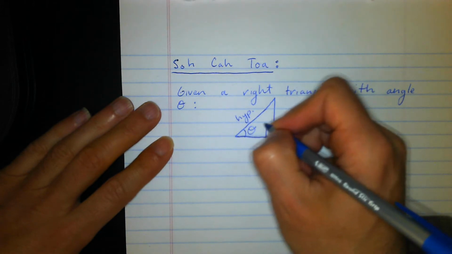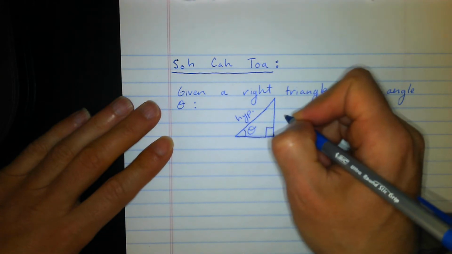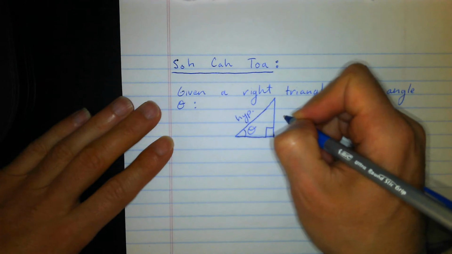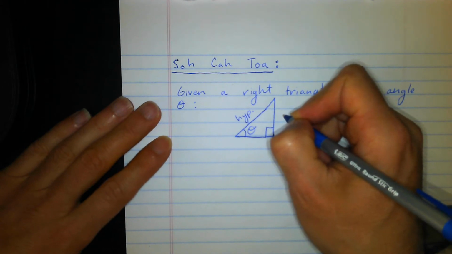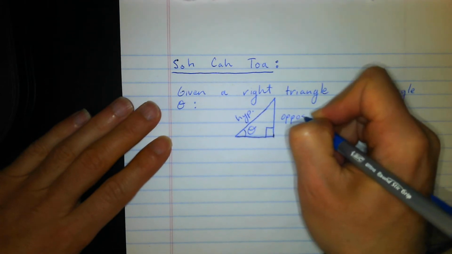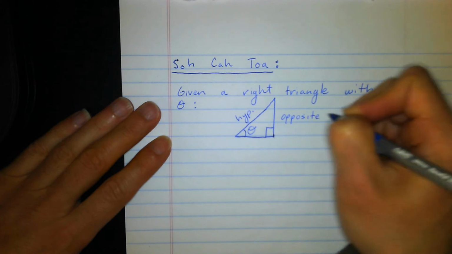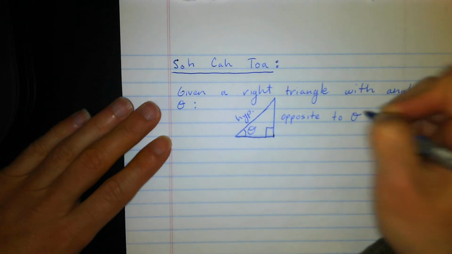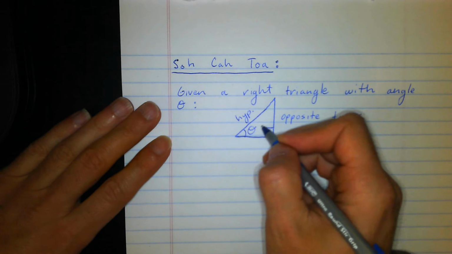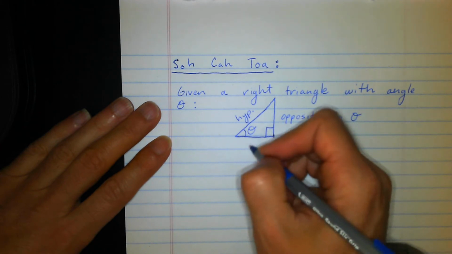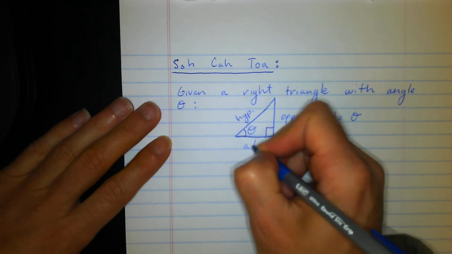And the side opposite to theta, this side is opposite to theta. That side is the opposite side to theta. And then this side, we'll call it the adjacent side to theta.